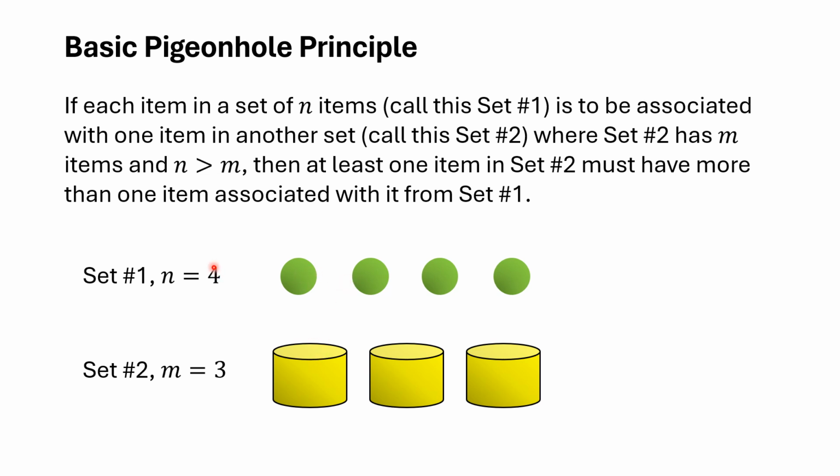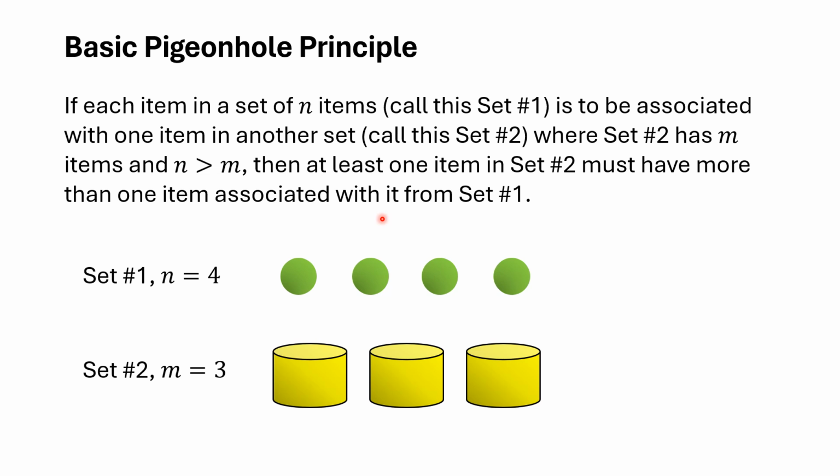So since n is greater than m, the number of balls is greater than the number of containers, then clearly you're forced to have at least 2 balls in one of these 3 containers. Right? You could put one here, one here, one here, and then the 4th one you have no choice but to create a container that has 2 balls in it. So that's all we're saying here.